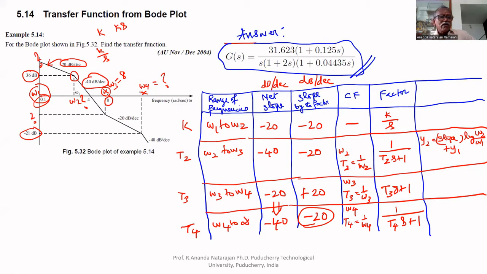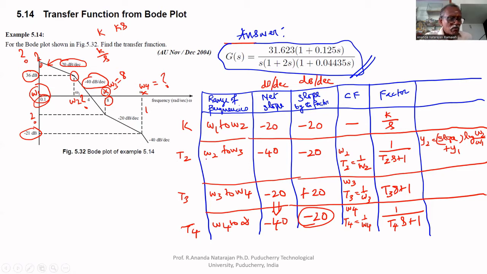Here we do not know the magnitude, and here we do not know the frequency. Therefore, we have one straight line but two unknowns. That's why we cannot use that.